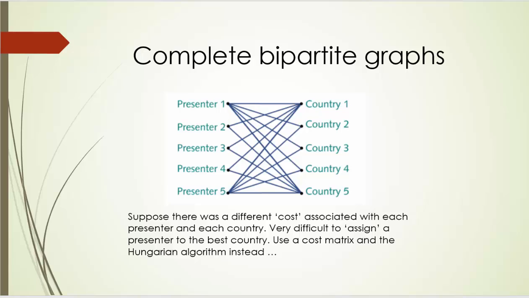So what you do, you take the weight of the connection, the cost, we call it the weighted graph or the digraph. You take the information from the matrix of the costs, the adjacency matrix that you've produced for the costs, and work out who's going to go where. And that's going to use something called the Hungarian algorithm.